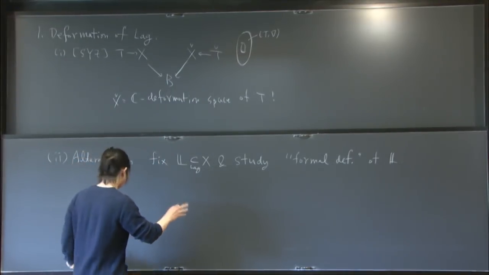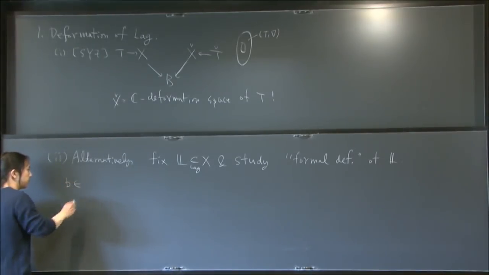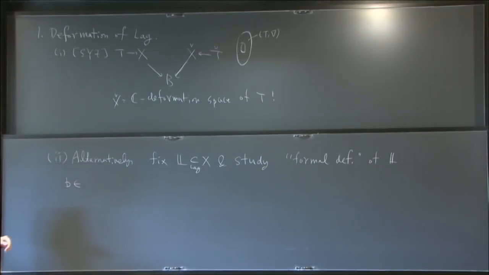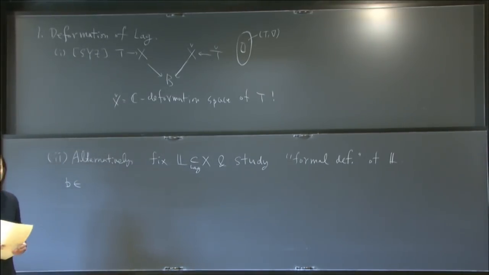So what is this formal deformation? Formal deformation is the following. You look at the Floer complex and you deform the A infinity structure on this Floer complex.